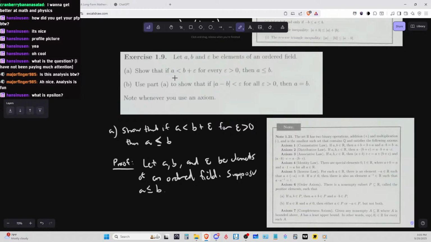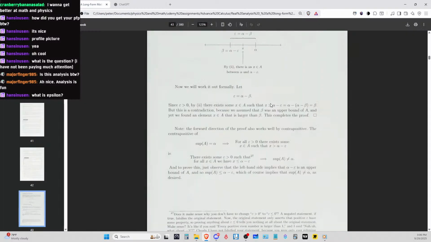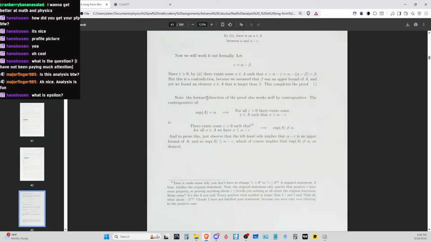Now, show that if a is less than, let's see, for every epsilon greater than 0. Let's see how they do it in this direction here.